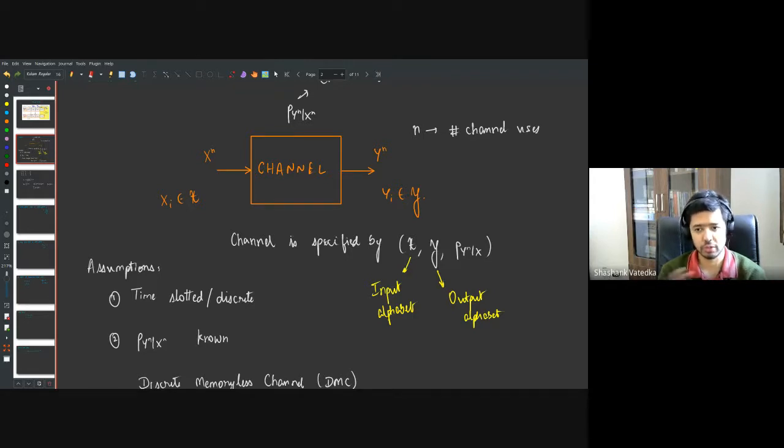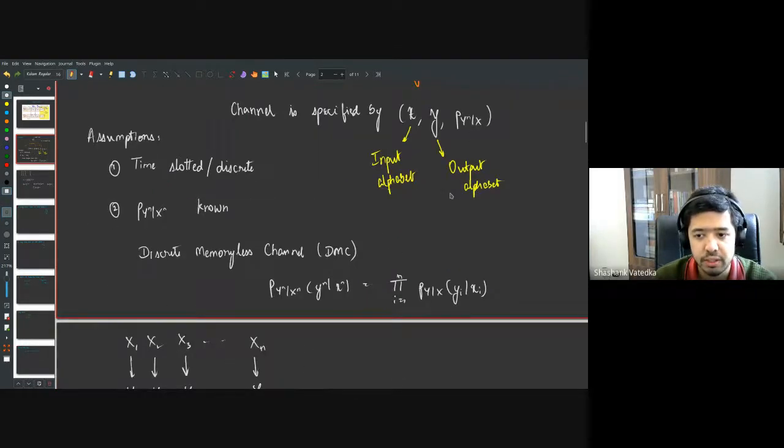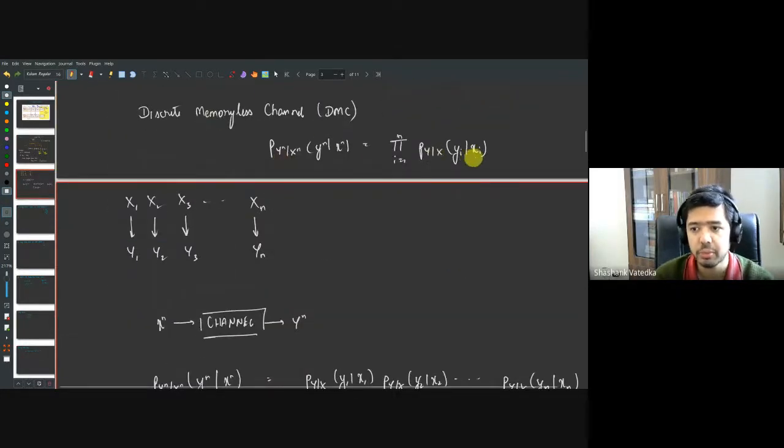And really, the way you model it matters. Not all channels satisfy this particular property, but as much as possible, by carefully choosing y and x, we will try to make sure that it has this particular form, that it is a discrete memoryless channel. I'll come to that point in a couple of minutes.